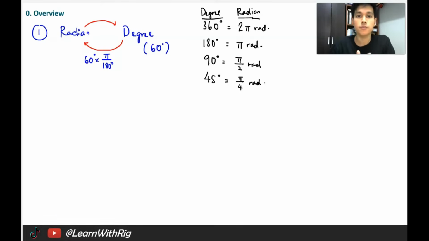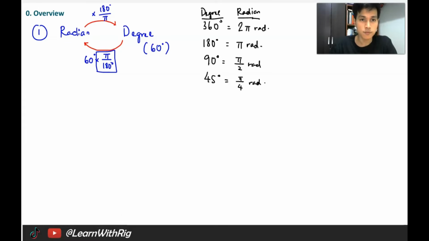If you want to convert from radian to degree, you just flip the fraction, so you times 180 over pi. So this is basically how you convert between radian and degree. One is times 180 over pi, the other one is times pi over 180. So you just have to decide which one you want to convert from.